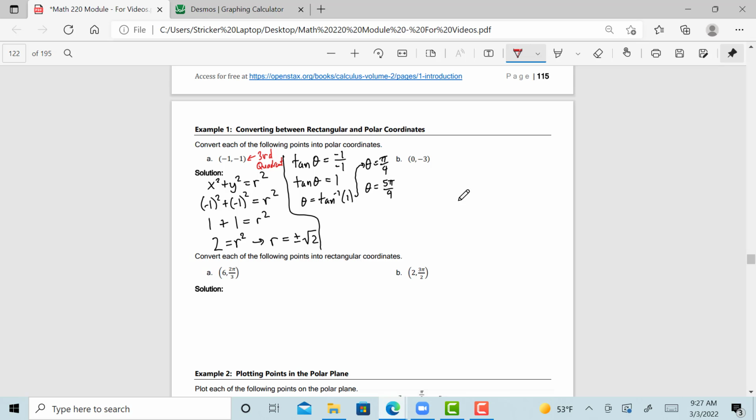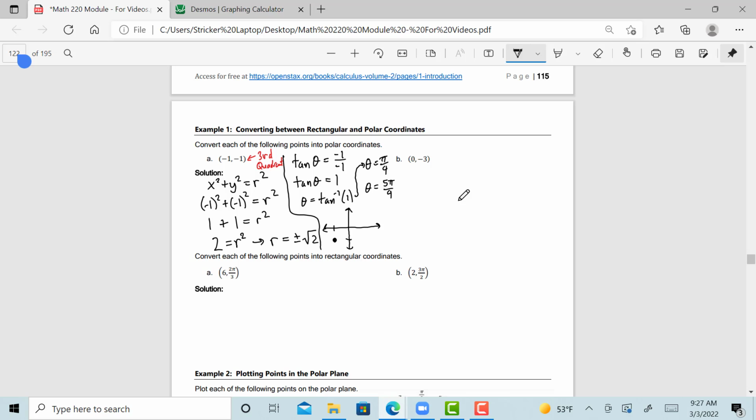So if we're talking about graphing this, here's our XY graph. We can say, okay, well, negative 1, negative 1 is going to be right here, right?